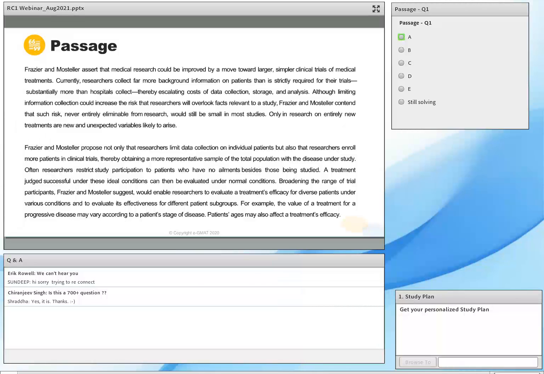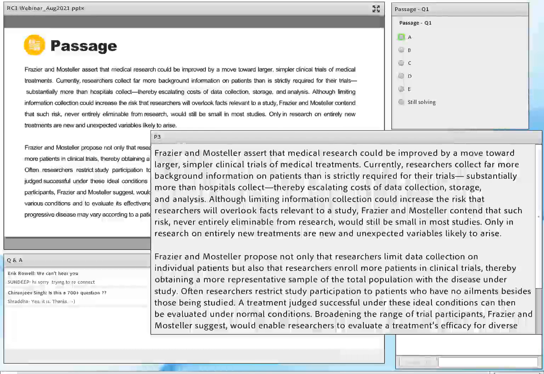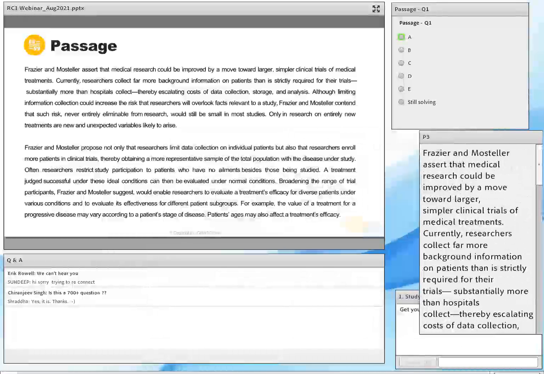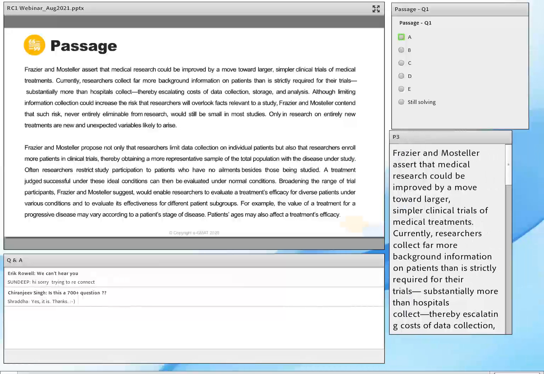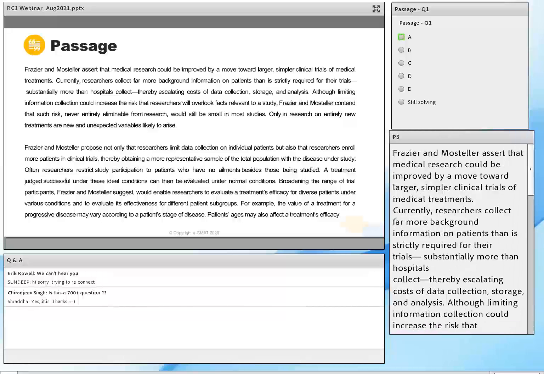It is a scrollable pod. You can always scroll up and down. Let me just move this out of your way. Okay, so here is the passage and you can scroll it up and down. And let's get towards our first question.